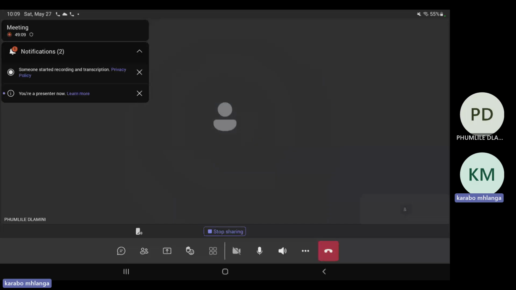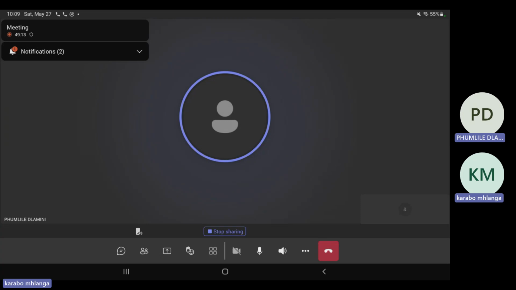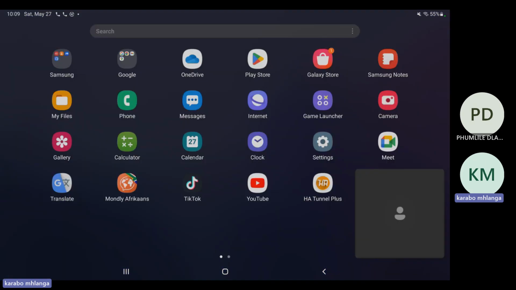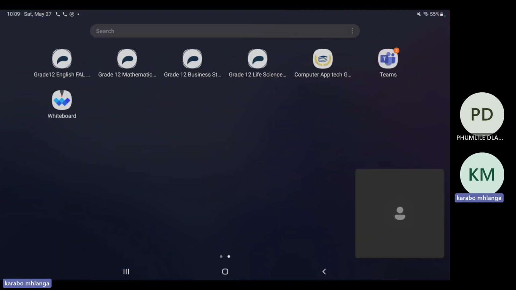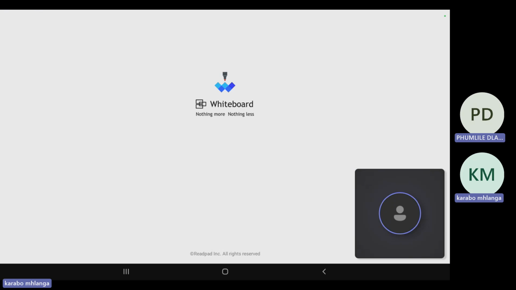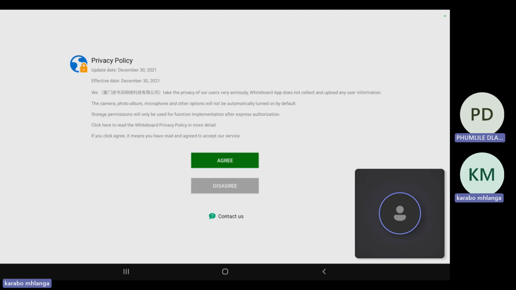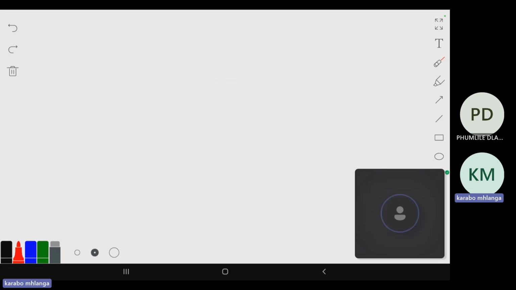Yeah, it's here. Yes, and you must share your entire screen so that I can see what you are doing. Then go to that app for writing, the one I said you must download. Yes, whiteboard, I can see it. Then you can start writing. Yes, there is a pen there, you can write. If you start writing, it's going to write.